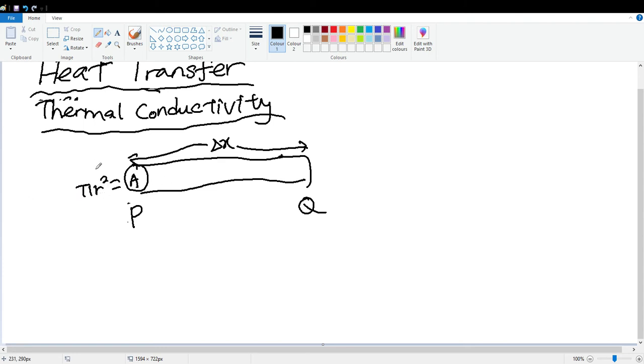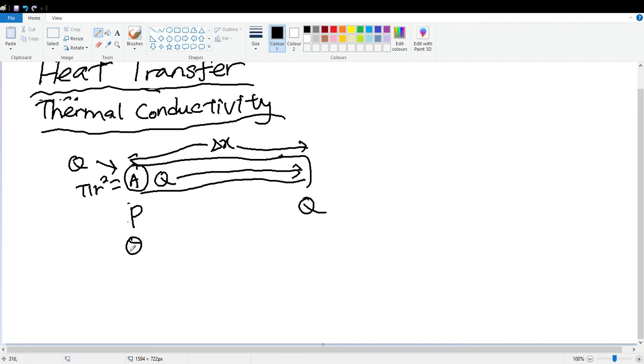When I supply my heat from point P, this heat will move from point P to point Q. And why is this so? This is because when heat is supplied, point P has a temperature denoted as theta.